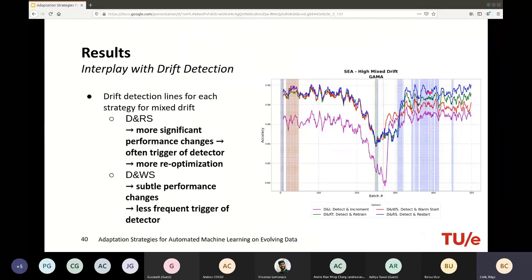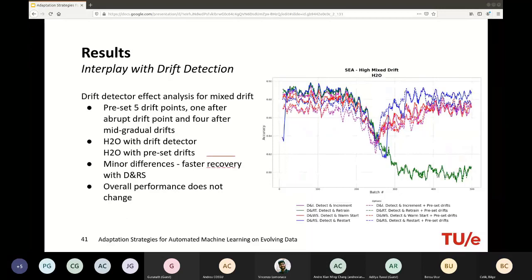You can see that re-optimizing the pipelines leads to more drift detection points and, of course, consequently more re-optimization, and increases the performance. On the other hand, warm start is creating fewer drift detection points, especially after the abrupt drift, and also resulting in less re-optimization and a less performing result.